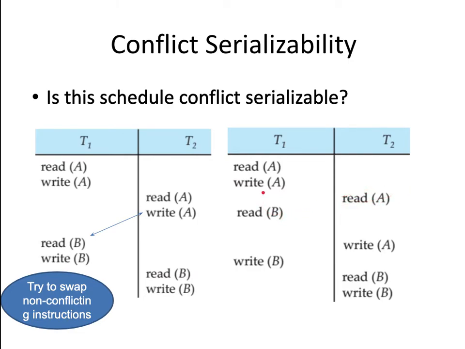So read B will come over here and read A will come over here. Similarly, write B and write A, and write B and read A are non-conflicting operations. It could shift to another place.